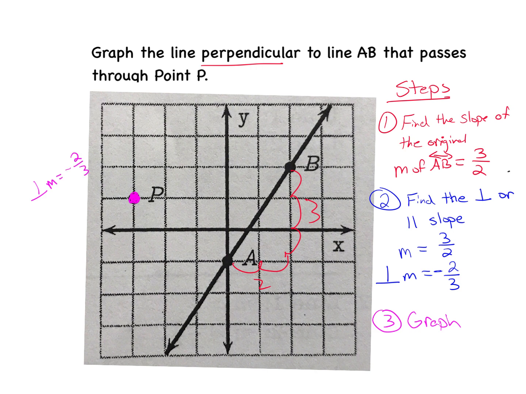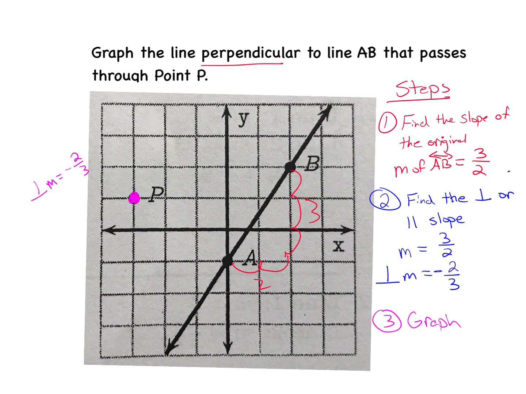Negative 2 over 3. Now we just have to do the rise over run from P. Use that negative 2 over 3 and figure out where a second point is. So that negative, I can either assign it to the 2 or the 3. It doesn't matter. You just pick. Do you want to put it on the top one or on the bottom one? I personally would just throw it on the top one.